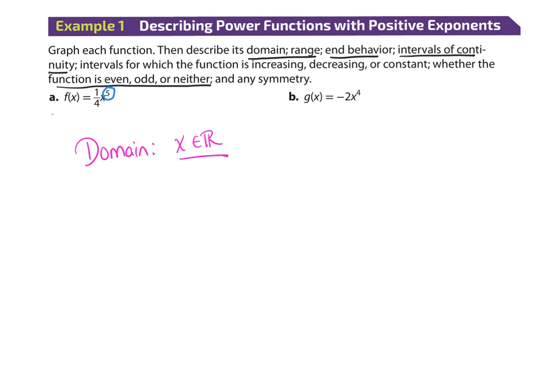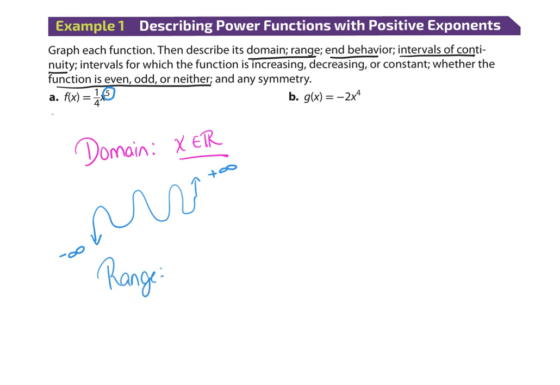If I look back at this one right here, I know odd exponent means I'm going to go down on the left for now. We're going to add to it, up on the right. I don't care what happens in between. I know that's what's happening, which means my y is going to go from negative infinity to positive infinity over the whole graph. So then my range is going to be the same thing.